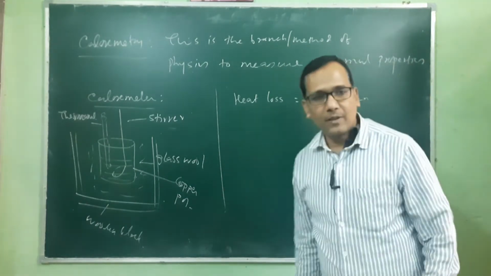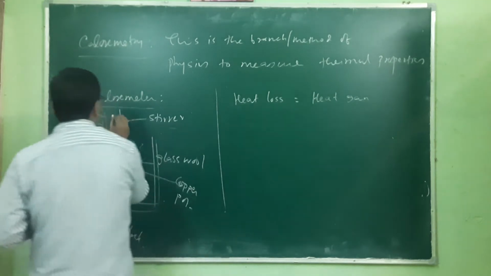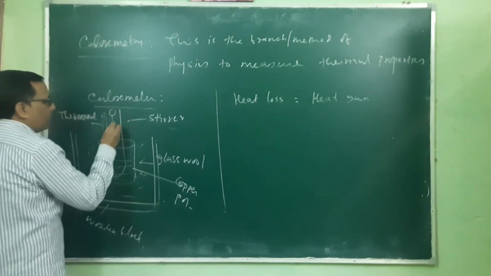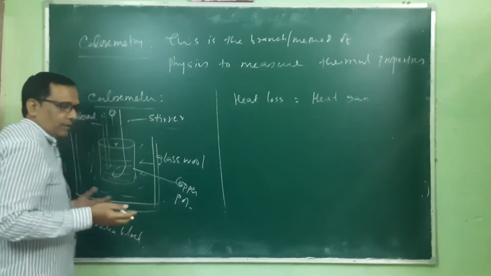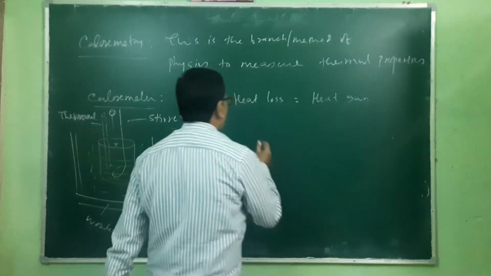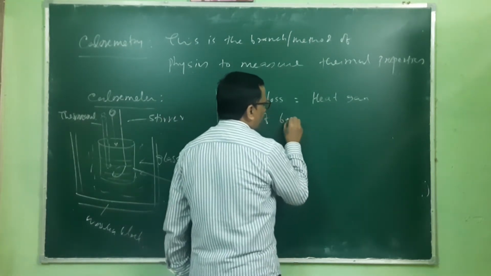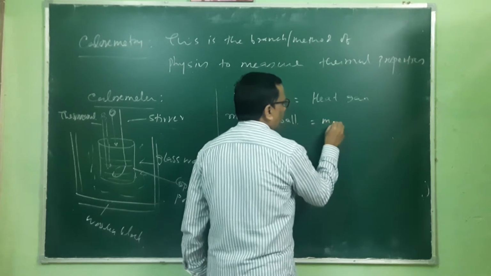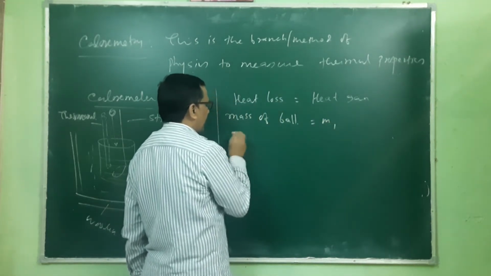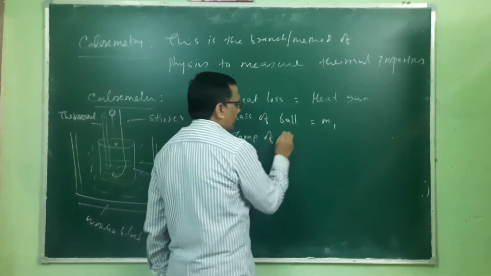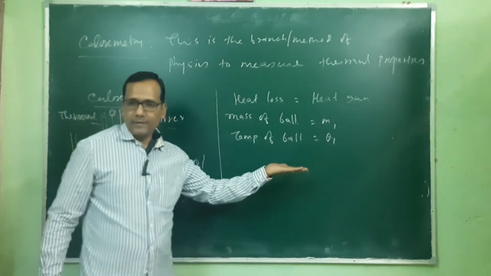And we have taken that example of water, and when we dip one ball of mass m1, at a different temperature. So let the mass of the ball be m1, and the initial temperature of the ball is taken as theta1, which is the higher temperature; this is the heated ball.